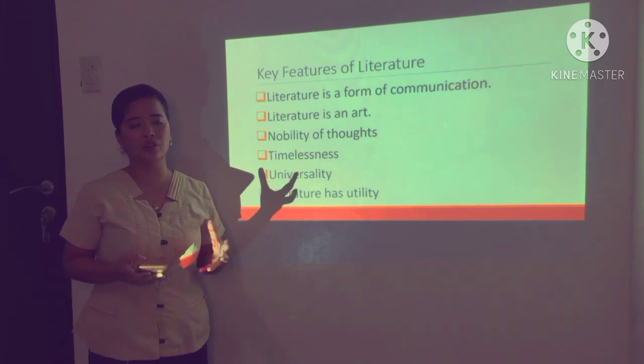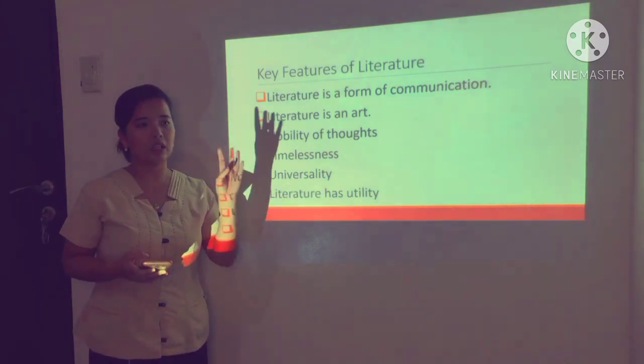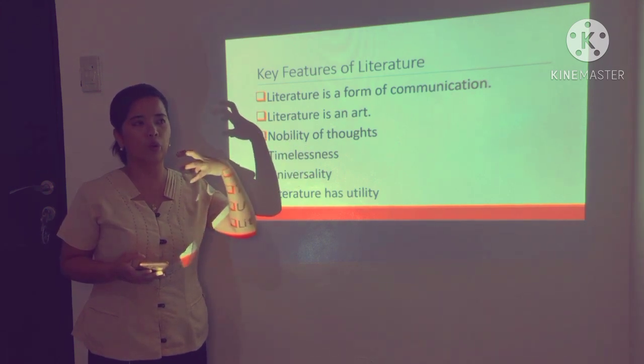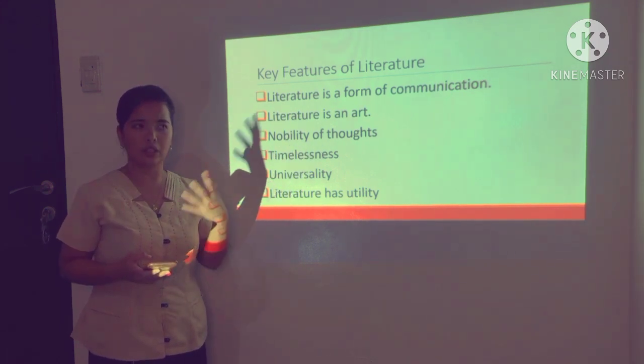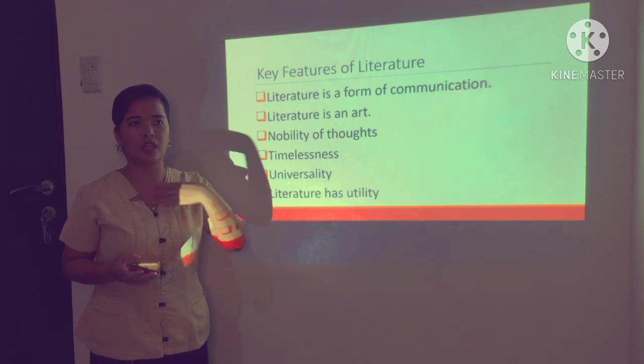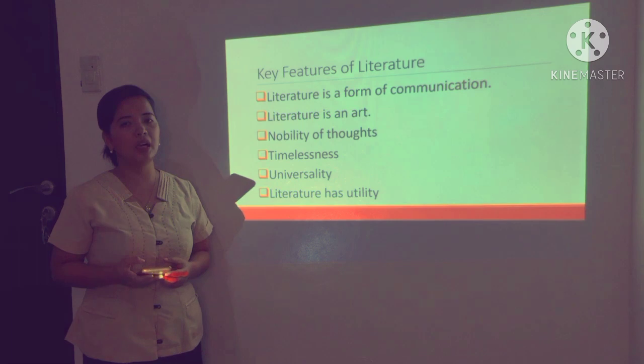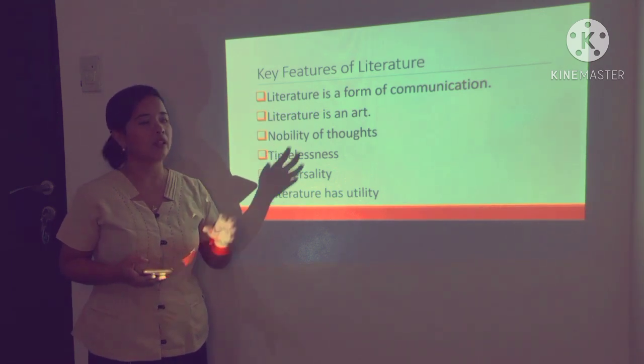First, literature is a form of communication. Writers and authors, when they want to communicate to the readers, when they want to say what they feel, literature is the answer. Another one is literature is an art.